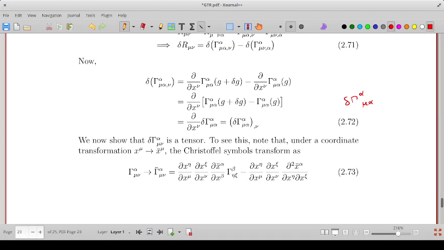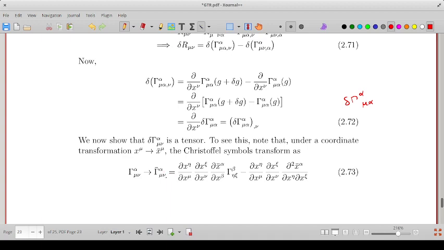To see this, consider the transformation equation for the Christoffel symbols. Gamma bar alpha mu nu, which is Christoffel symbols in the coordinates x bar mu, is related to the Christoffel symbols gamma in the coordinates x mu in the following way.